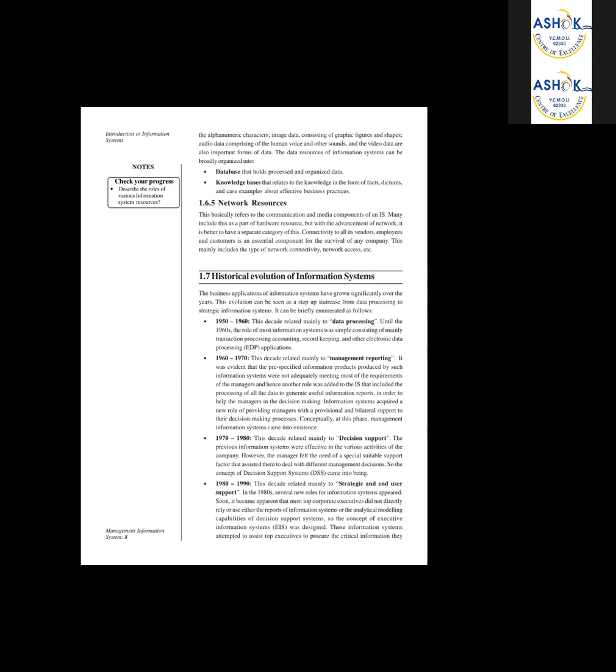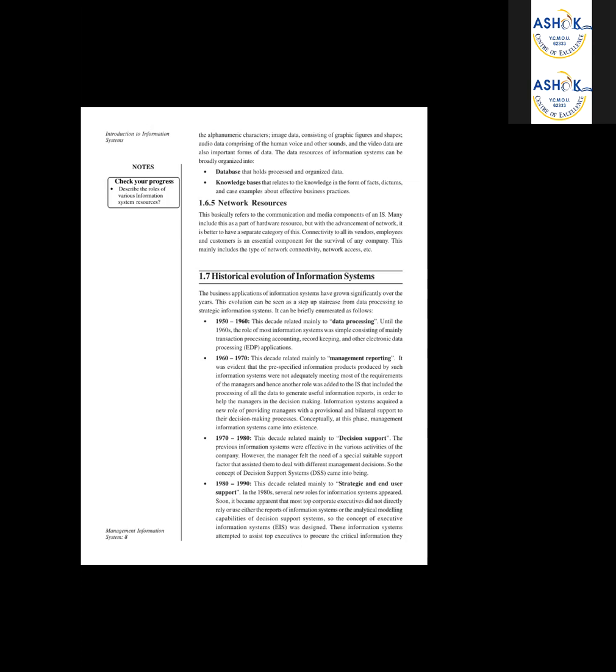This decade was dedicated mainly to data processing. The roles of most information systems were simply considered to be mainly transaction processing, accounting, record keeping, and other electronic data processing applications. Second, 1960 to 1970.